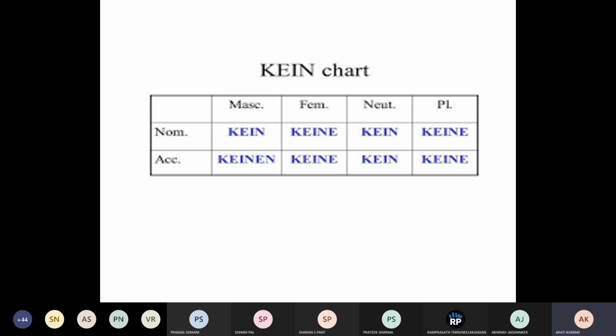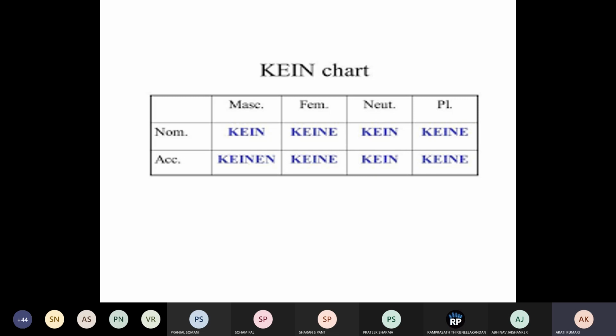Where do we use nicht? For example, I don't feel good. How do you say that in German? Ich fühle mich nicht gut. So here we will use nicht.